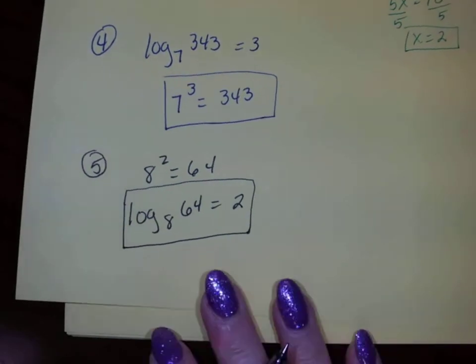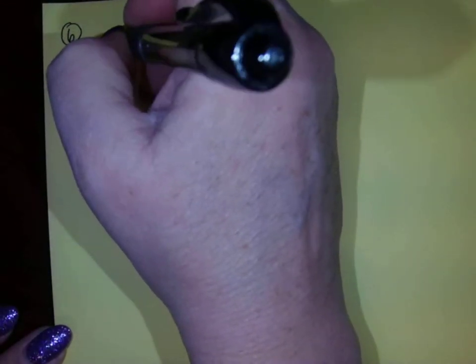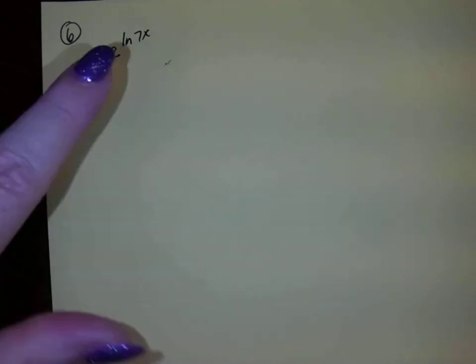All right, our next question, number 6, we are going to evaluate without using a calculator. So if we have e to the ln of 7x, this is where we have to understand our logarithmic rules and properties.